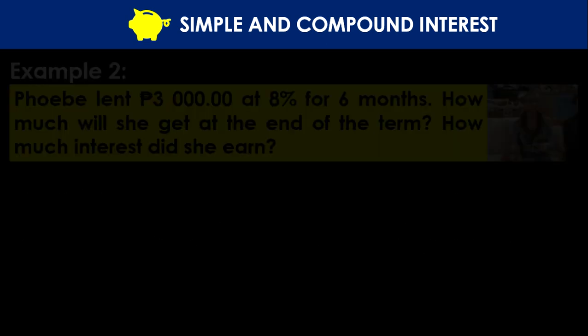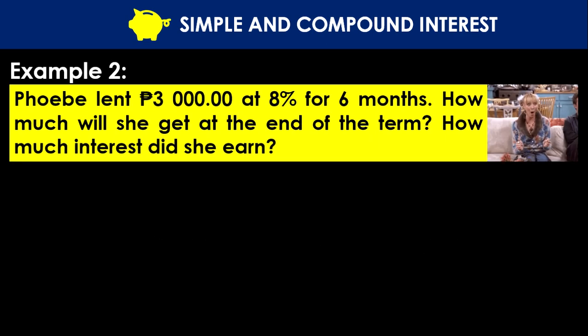Let's have another example. Phoebe lent 3,000 pesos at 8% for 6 months. How much will she get at the end of the term, and how much interest did she earn? Take note, since the formula I = PRT is for simple annual interest, look at the time. The time here is 6 months, so we need to convert that into years.